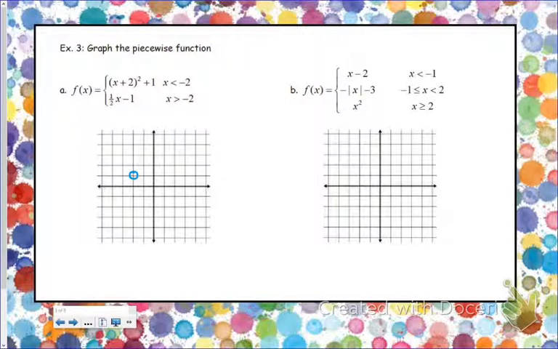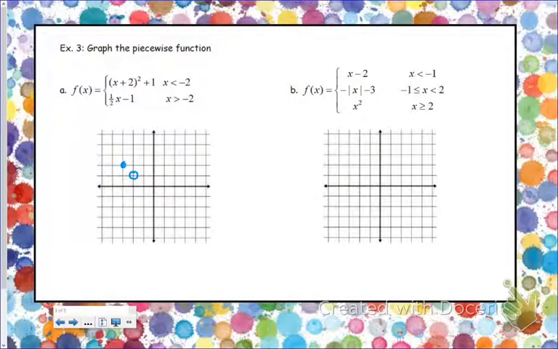If you want to get some other points, you can plug in other x values, but I'm only going to graph when x is less than -2, which means I'm only going to graph to the left of that open circle. So if I plugged in -3, -3 plus 2 would be -1 squared is 1, 1 plus 1 is 2.